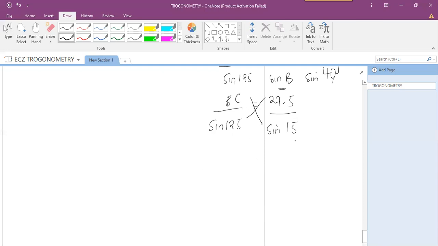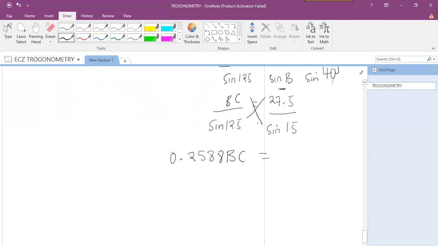So if I cross multiply, sine 15 multiplied by BC is 0.2588 BC. I went on the calculator and punched in sine 15. I found 0.2588 multiplied by BC is equal to sine 125 multiplied by 27.5.